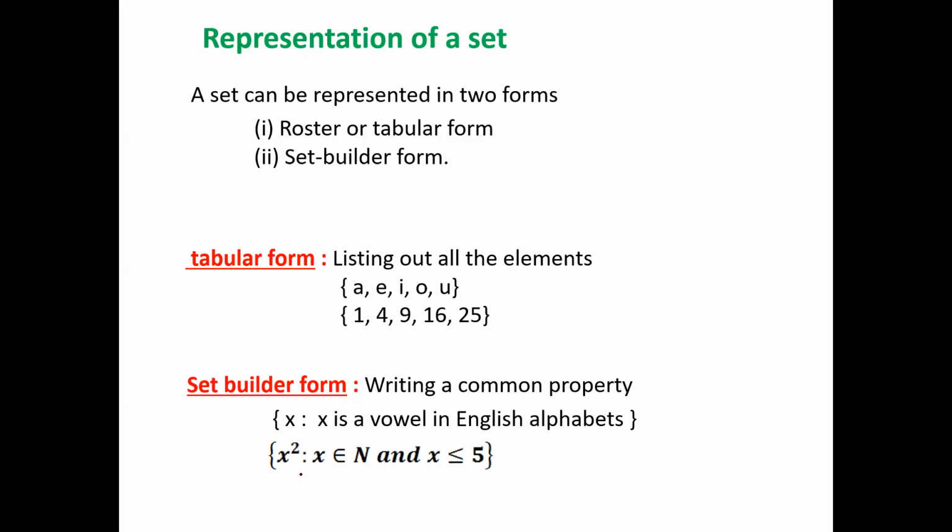So how do you read this? We have to read it like: the set of all x square such that x belongs to N and x is less than or equal to 5.